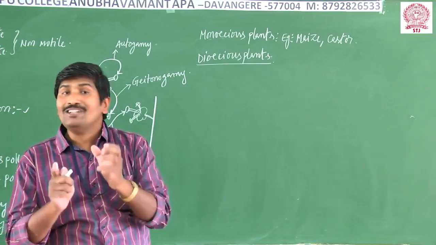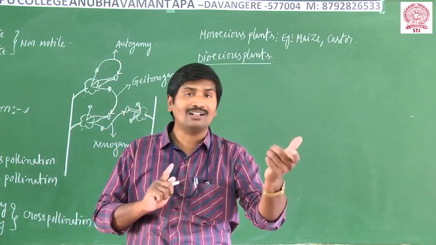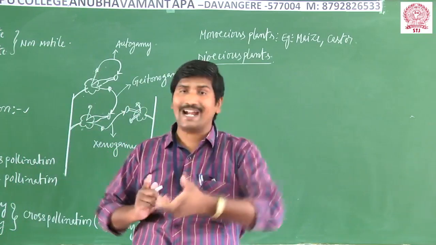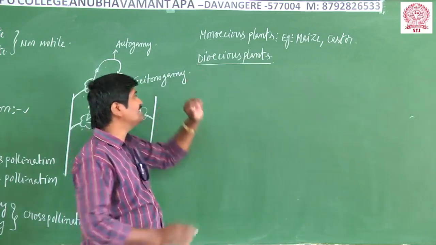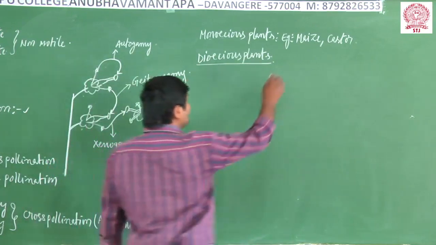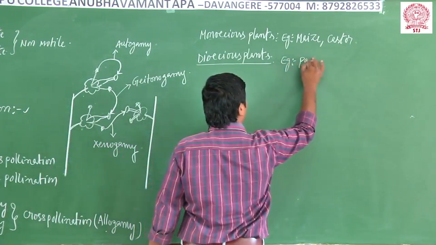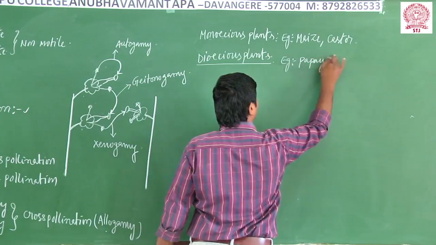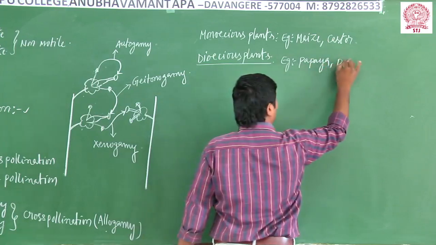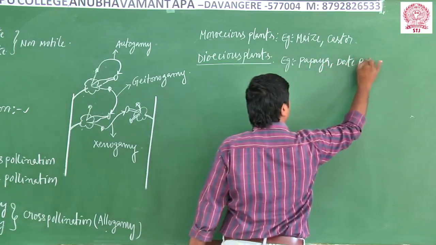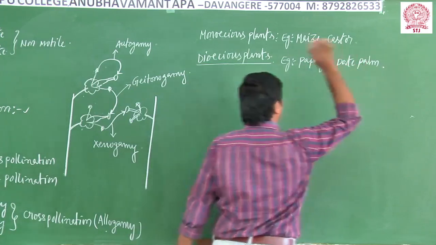That's why the unisexual flowers are present on different plants. That is known as dioecious plants. Examples for dioecious plants: papaya, date palm, etc.